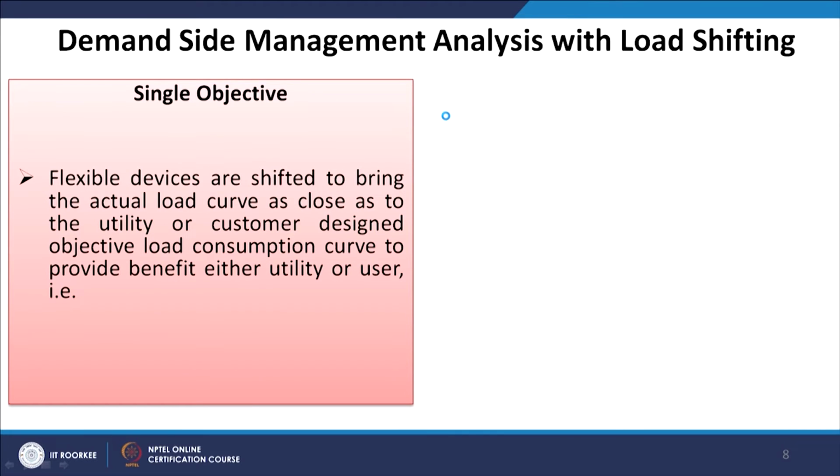Flexible devices are shifted to bring the actual load curve as close as possible to the utility or customer designed objective load consumption curve to provide benefit either to the utility or to the user. Means the current load characteristic will be of a given pattern, and you have a desired load pattern, and the desired load pattern may be desired by the consumers or may be desired by the utility.